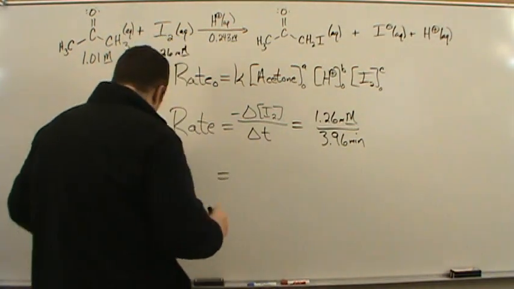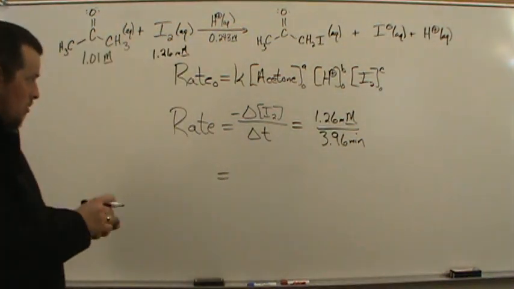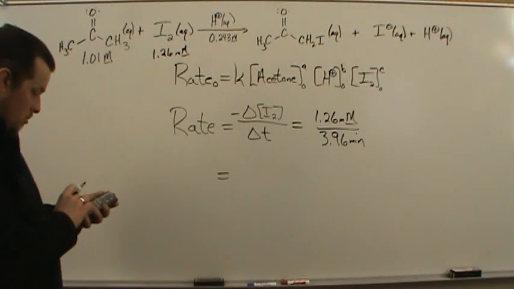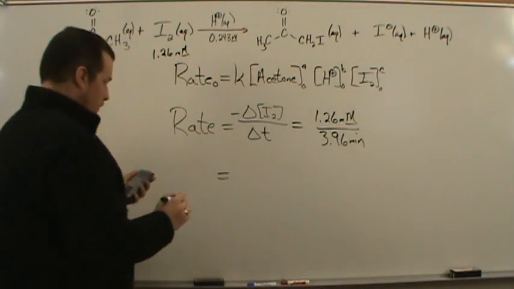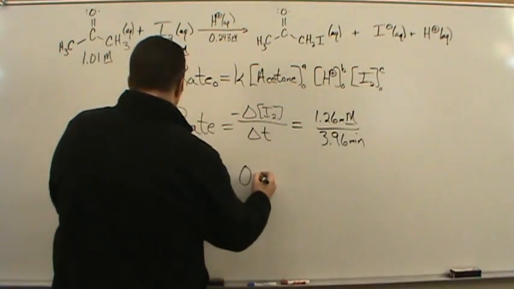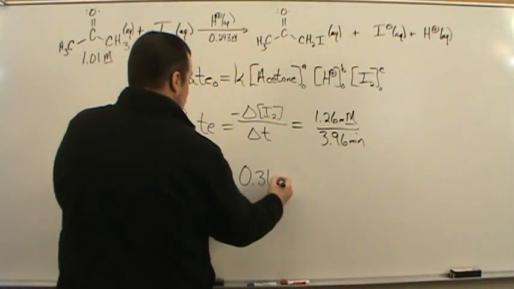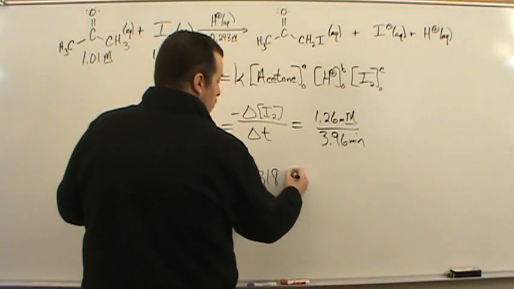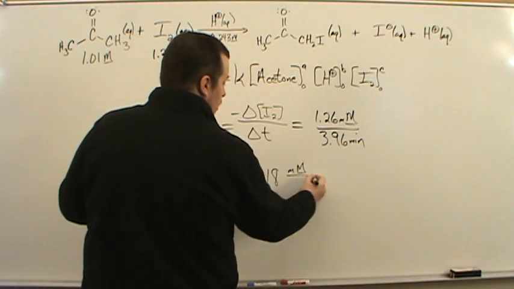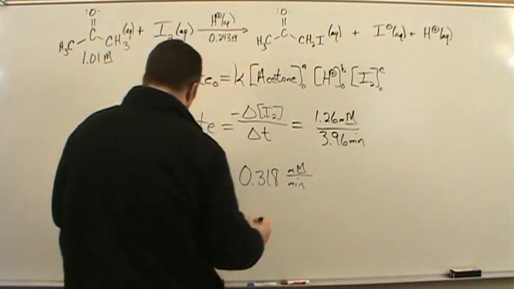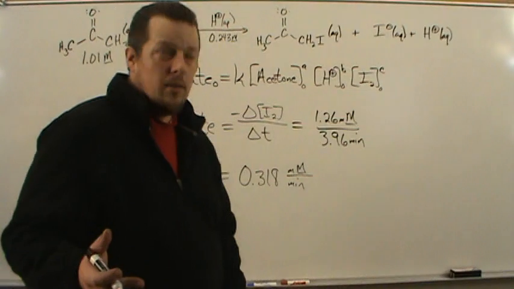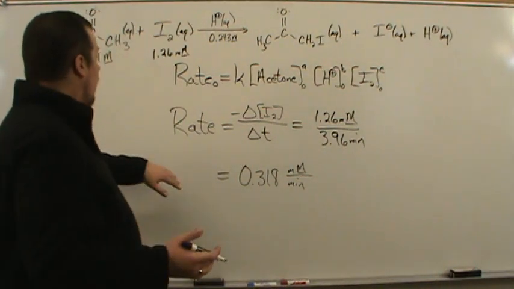So our rate was 0.318 millimolar per minute. So there's our rate for the first run.